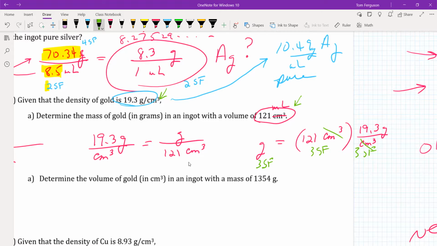Most professors do. I'm not sure what Dr. Atkins does. Okay, so 121 times 19.3 is 2335.3. And that is not 3 sig figs. We go to the 4th place. That's a 5. That means that kicks that 3 up to a 4. So it's 2340 grams.